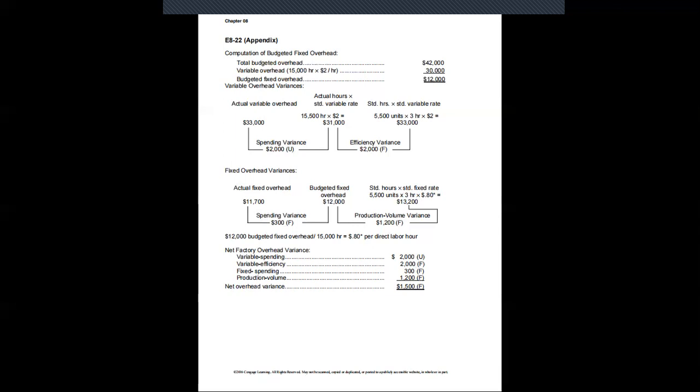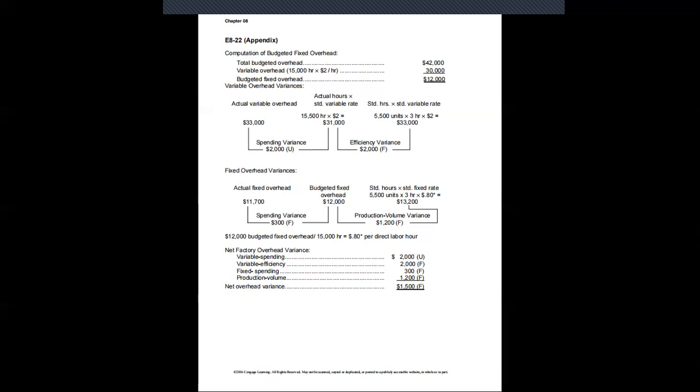Production volume variance is 1,200 favorable. So the net factory overhead variance: unfavorable variable spending is 2,000. Efficiency 2,000. Fixed spending 300 and production volume variance of 1,200.